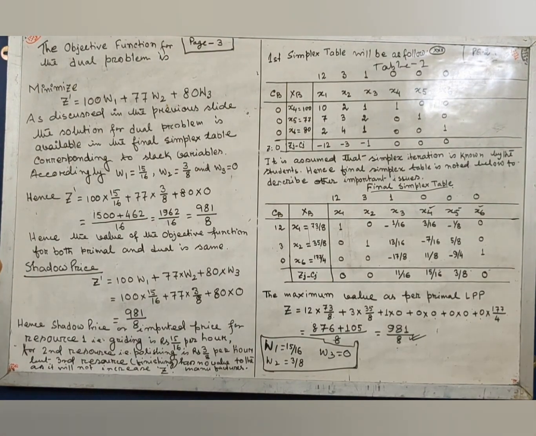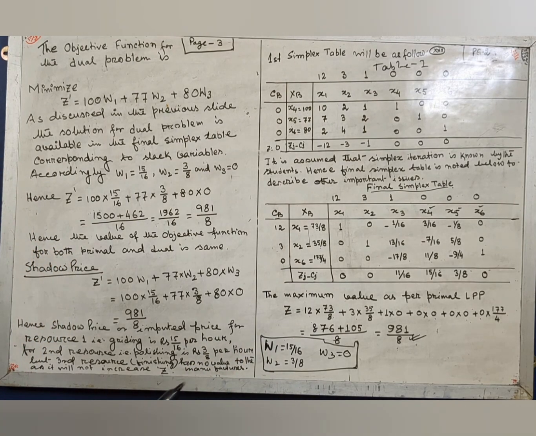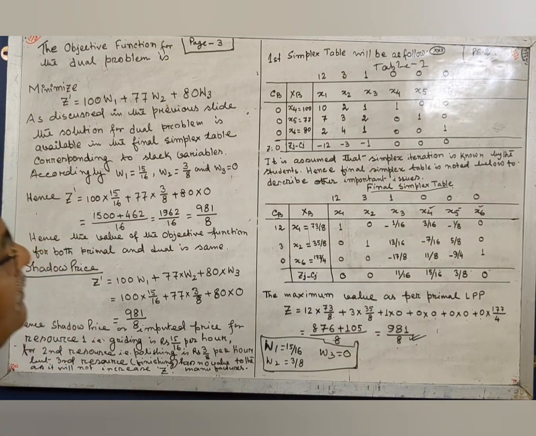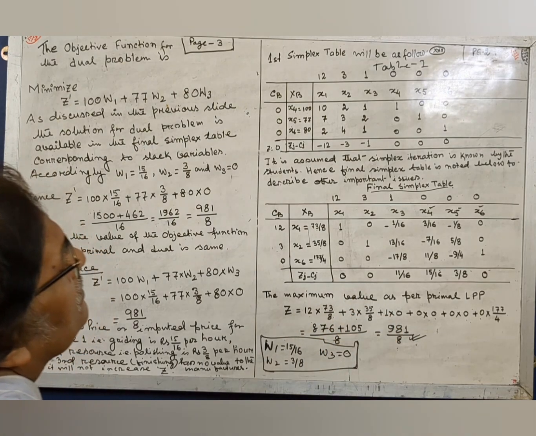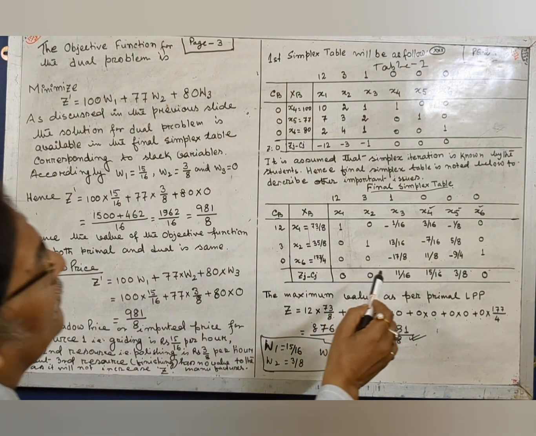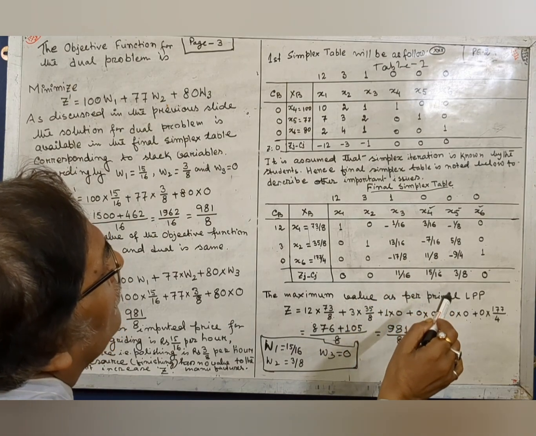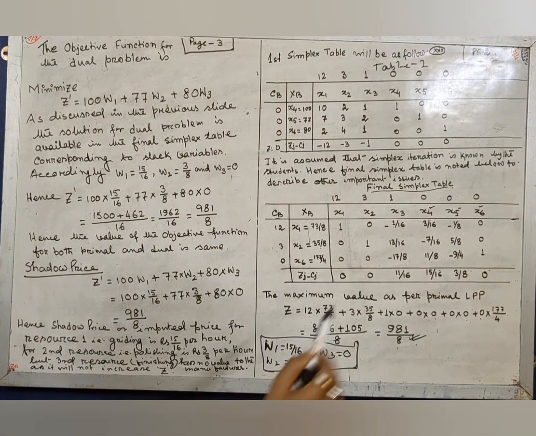In my previous slide, I have already discussed how you will get the solution of the dual problem from the primal problem of the linear programming itself. You will get the solution from the final simplex table. The result of the dual variables will be available from the final simplex table corresponding to the index row value of the slack variables.